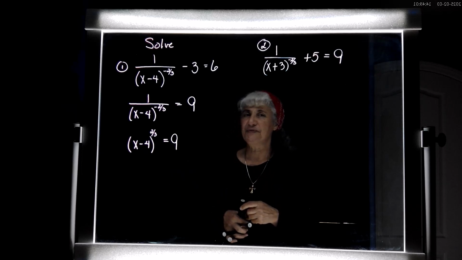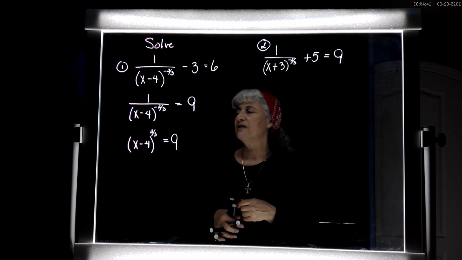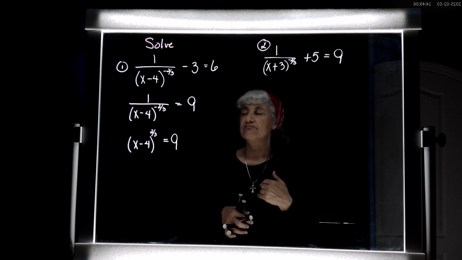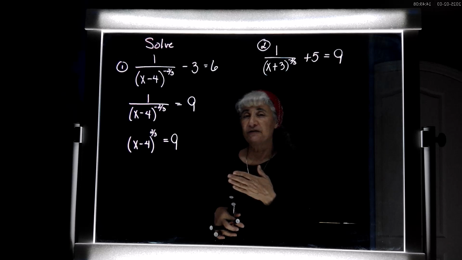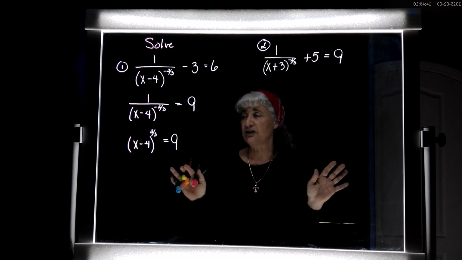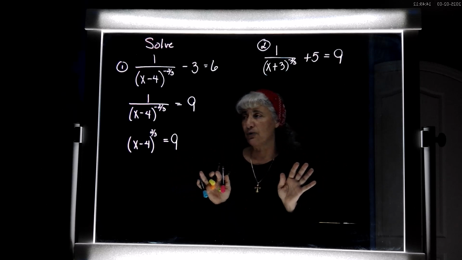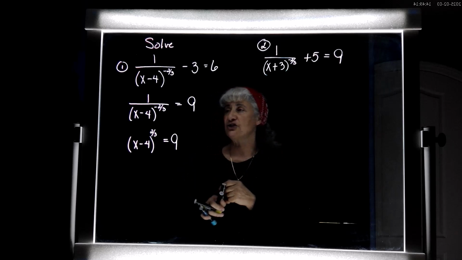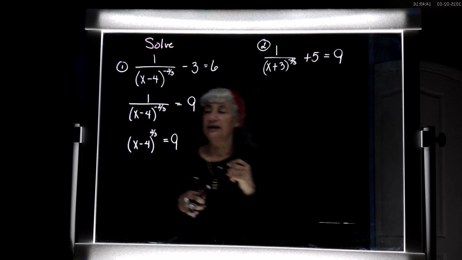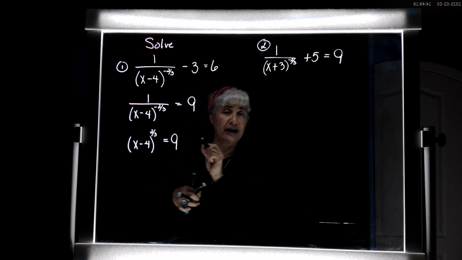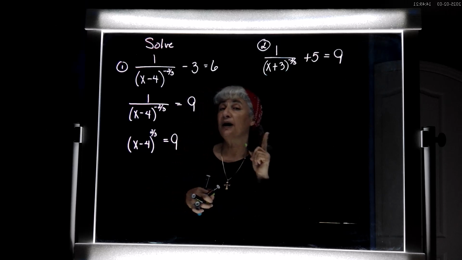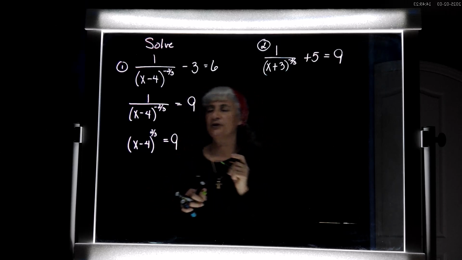So we've actually done something like this before in a previous video. So we're solving for x. The parentheses need to go. We need to get rid of that power. That power is a fraction. So to cancel out this fraction, you multiply by its reciprocal.